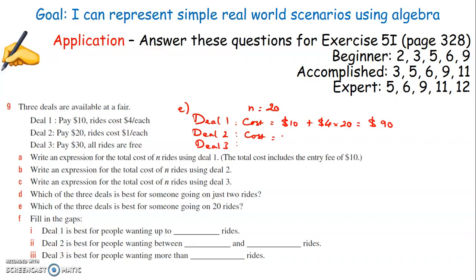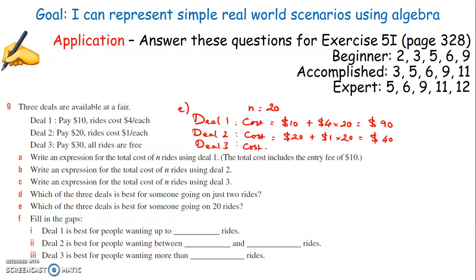And then for deal number 2, we have $20 entry fee and $1 per ride times 20 rides. So we have 1 times 20 is 20, plus another 20, that's 40. So significantly cheaper than deal number 1 there.